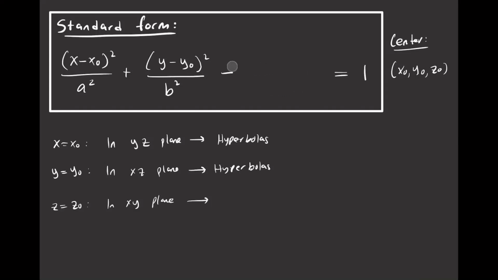This term is gone, and then we're looking at that equation. This equation could be a circle or an ellipse, depending on a and b. So let's just call it an ellipse. So the traces could be ellipses or circles, depending on what a and b are.